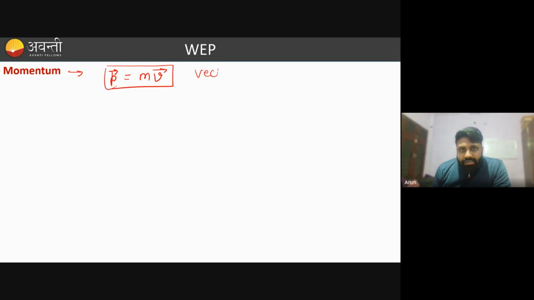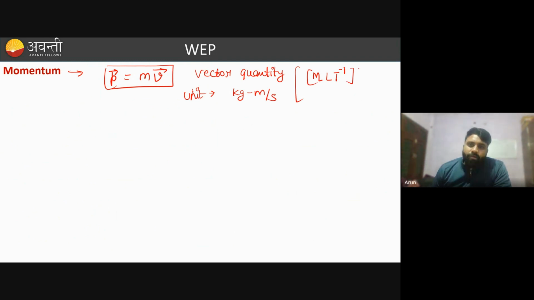The unit will be kilogram meter per second. And if you want to write out the dimension formula, it will be M L T to the power minus 1.